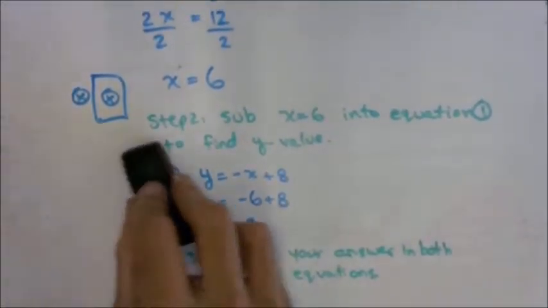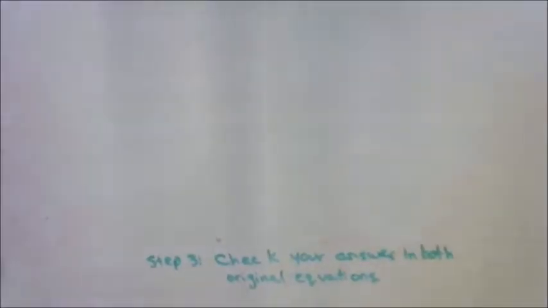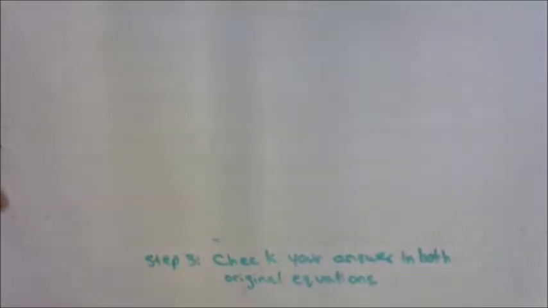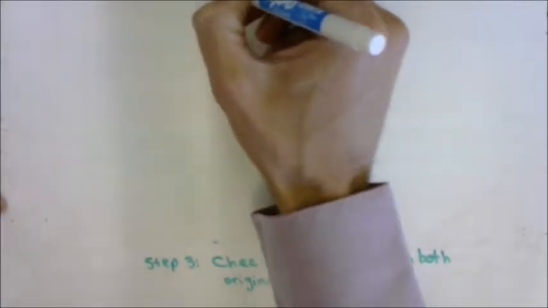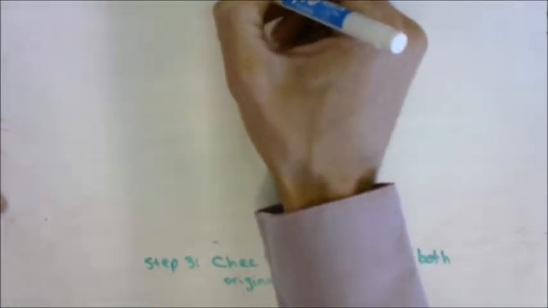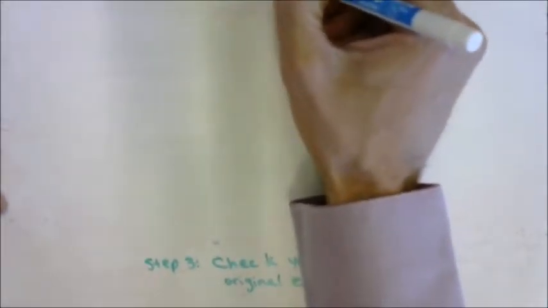So I'm going to erase and move up to the top. And we're first going to deal with equation 1, which was y equals -x plus 8. The left side is y, and the right side is -x plus 8.